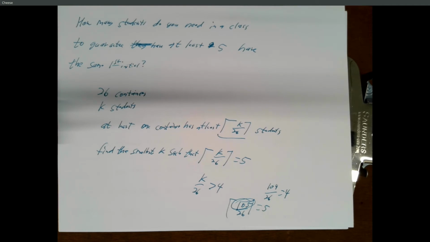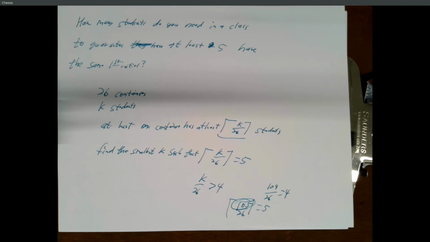And you can kind of get there sort of intuitively. Just take 26 people and assume you're unlucky. I mean, your first 5 students could all have the same initial and you're done. But assume you're unlucky. Well, your first 26 students should all have different initials. And then your next 26 should all have different initials from each other. And so now you've got 52 students and you only have 2 of each initial.